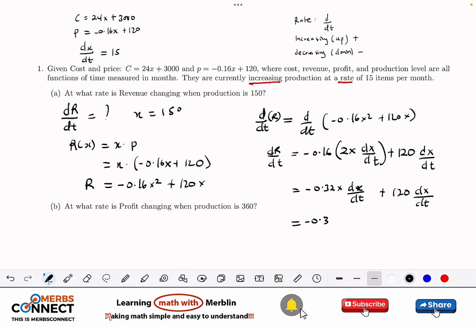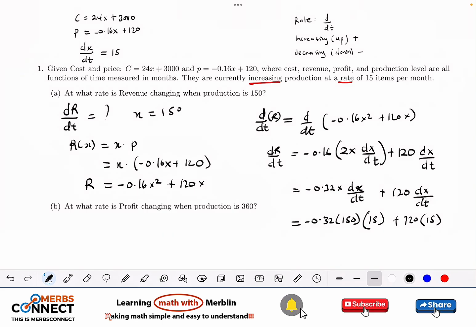Minus 0.32 times, what is x? x is 150 here, and dx over dt is 15, which was given here, plus 120 times 15 again.